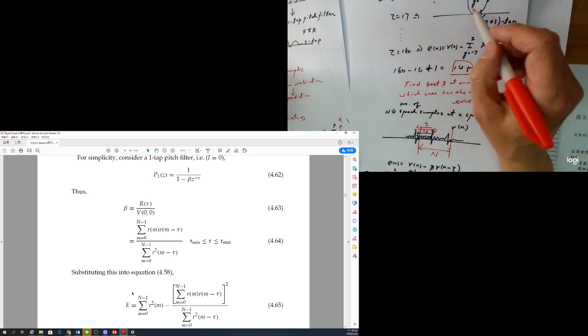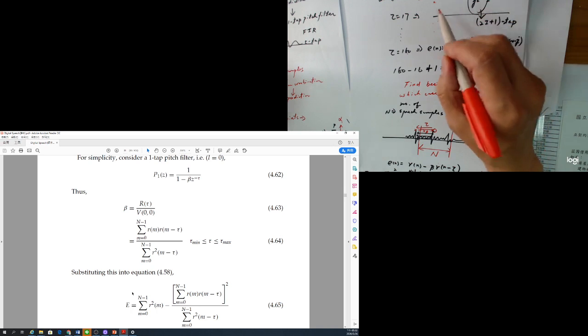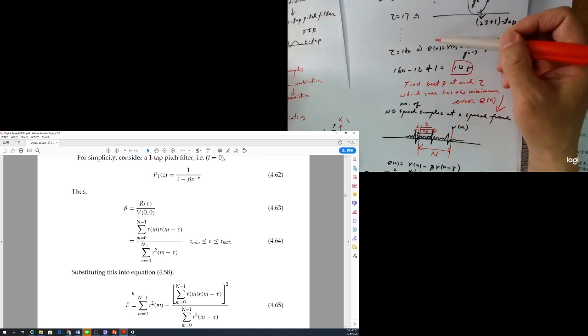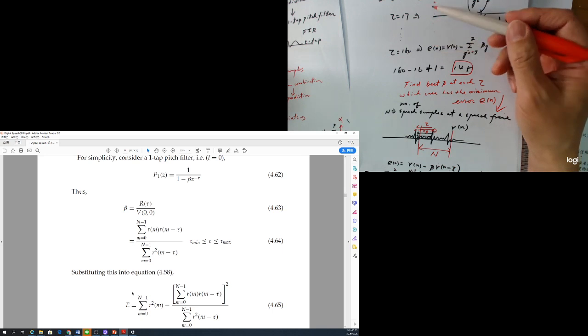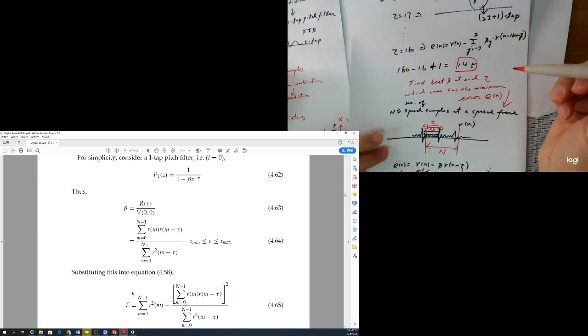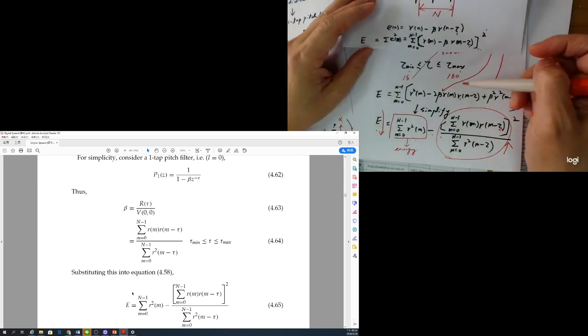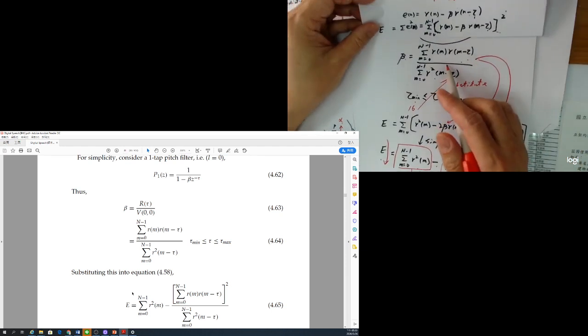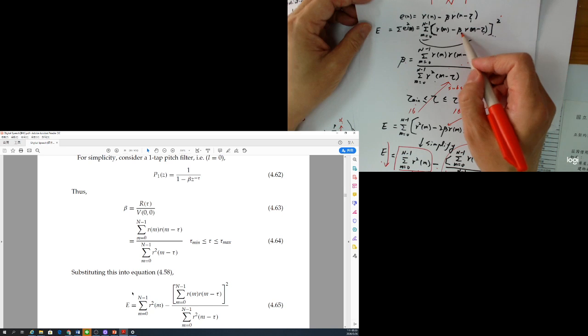So you get a best beta and get the total error. And from the error, you try to find which one is the minimal error. Based on minimal error could be the winner. However, here we get the best beta, and substitute into the original signal.